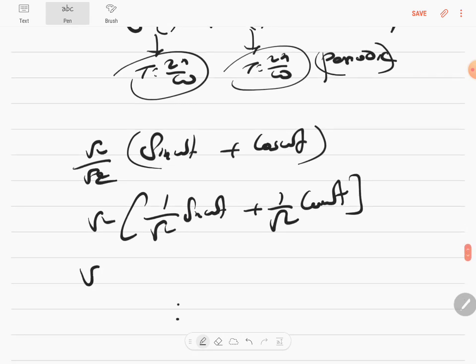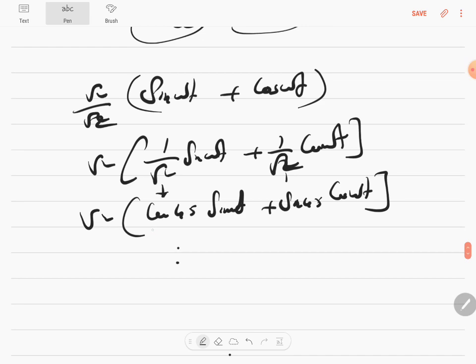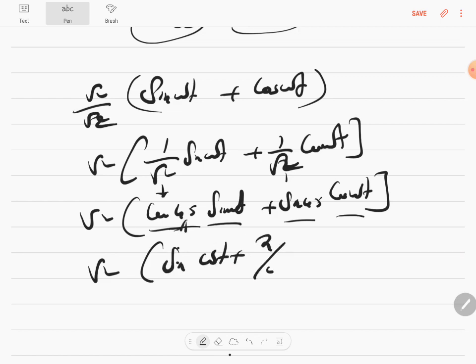And you can represent 1 by root 2 as cos 45 with sin omega t plus sin 45 with cos omega t. So it's like cos A sin B plus sin A cos B, which is nothing but sin of A plus B. Sin of omega t plus 45 degrees, pi by 4.